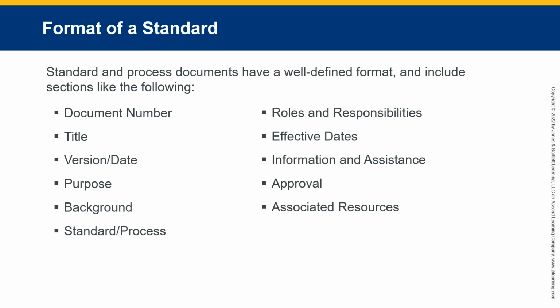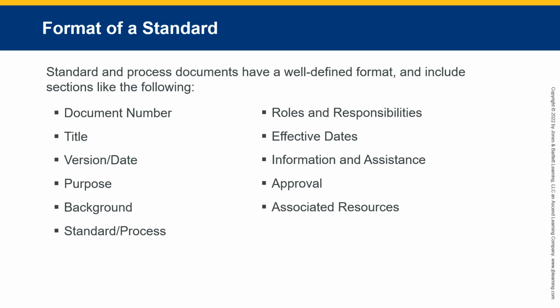Standard process describes the standard or process to be implemented. Roles and responsibilities identifies who is responsible for implementation and adherence. Effective dates states when the standard must be implemented.